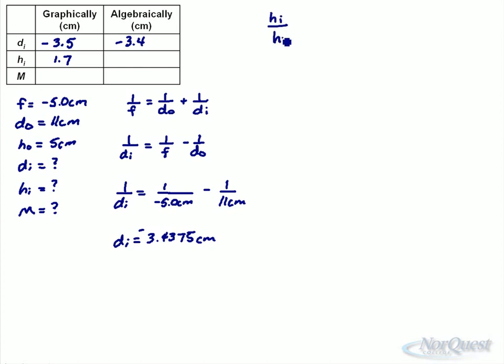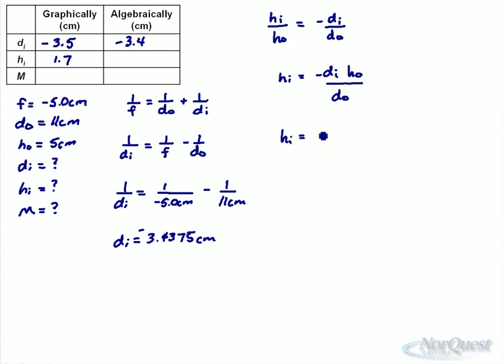HI over HO equals negative DI over DO. Put our numbers in. HI equals negative DI times HO over DO.